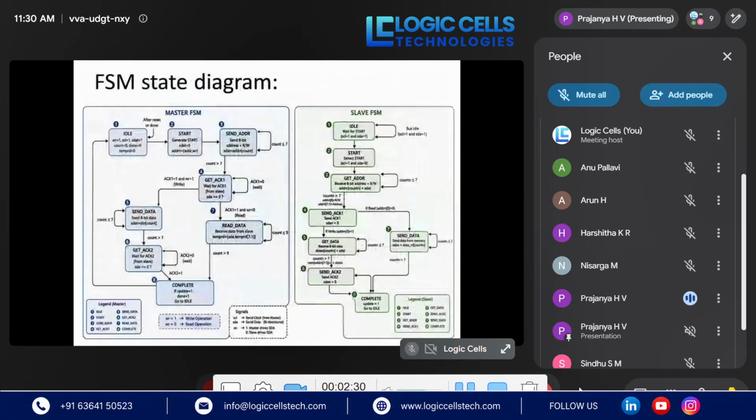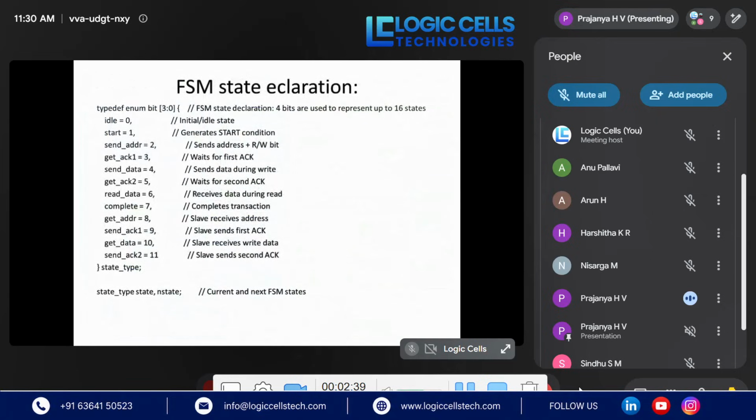This is the FSM for both master and slave separately, and I'll explain each state. This is the FSM state declaration in the code. We have used an enum for the state declaration, and the 12 states are declared.